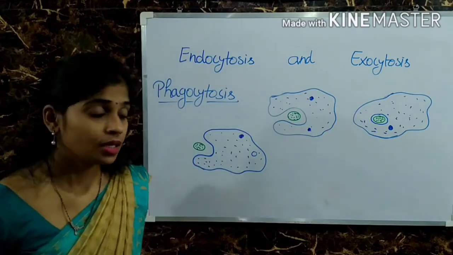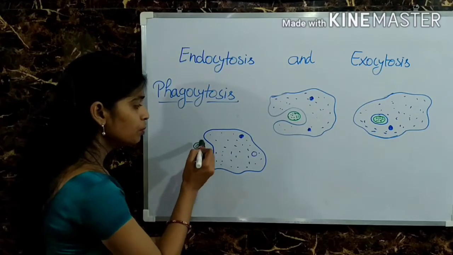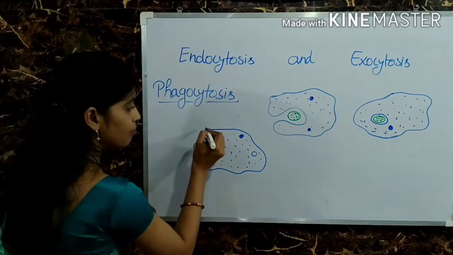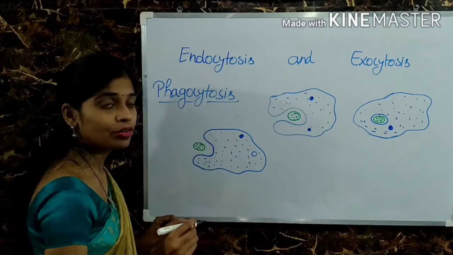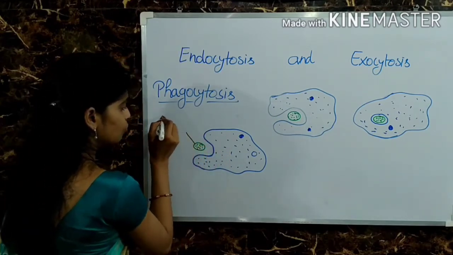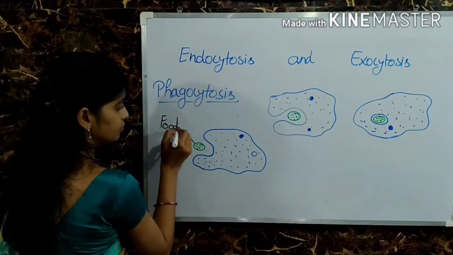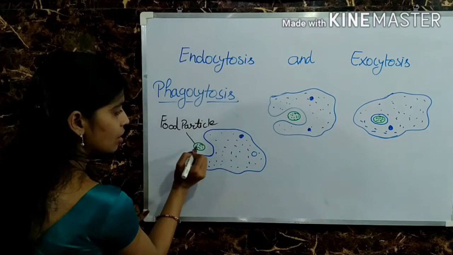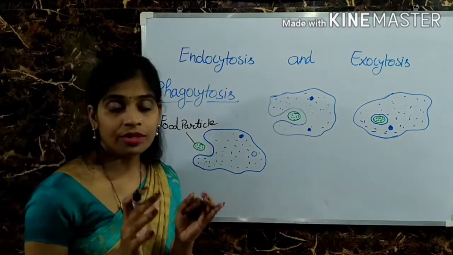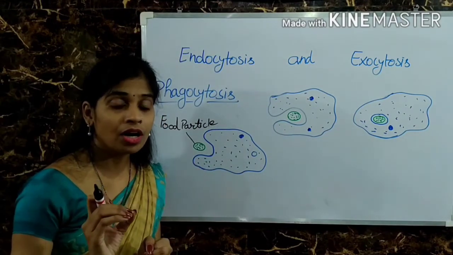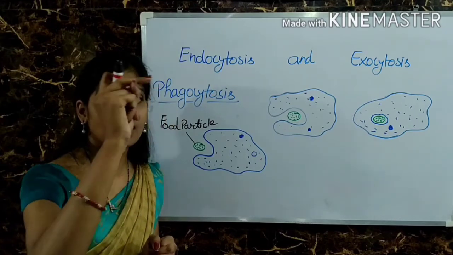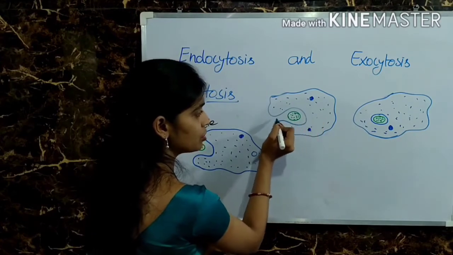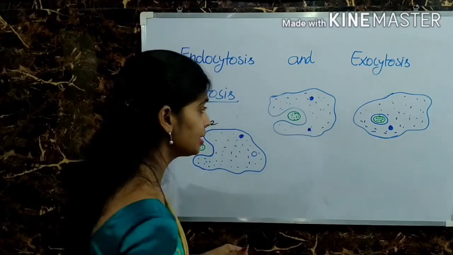When the food particle comes in contact with the cell membrane of the amoeba, the amoeba forms false feet around the food particle.